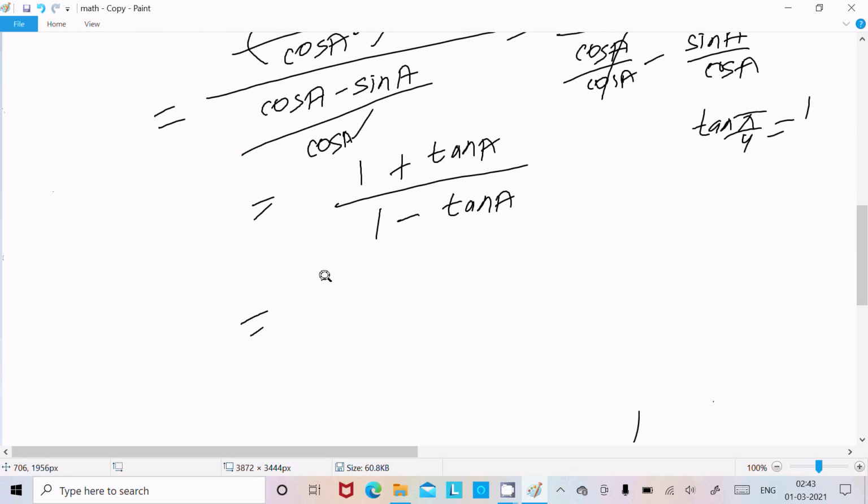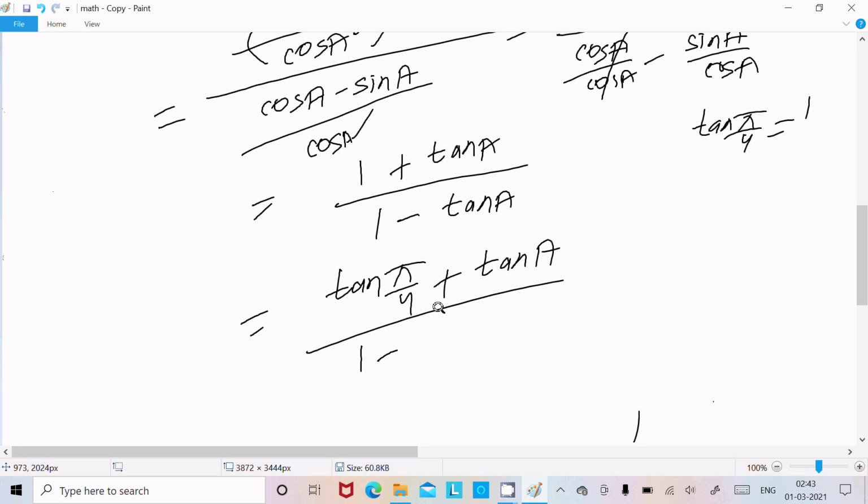So we can write tan π/4 plus tan a over 1 minus tan π/4 into tan a.